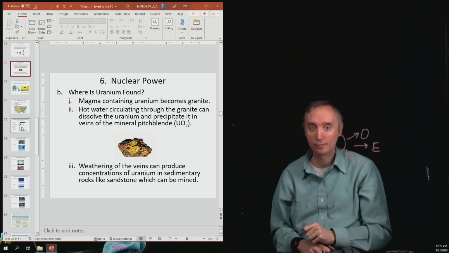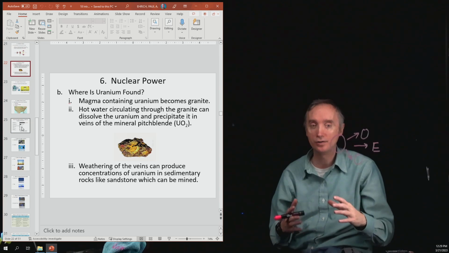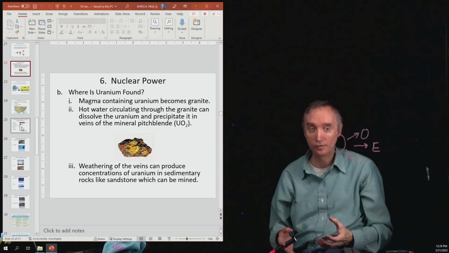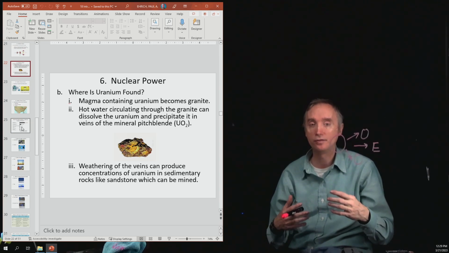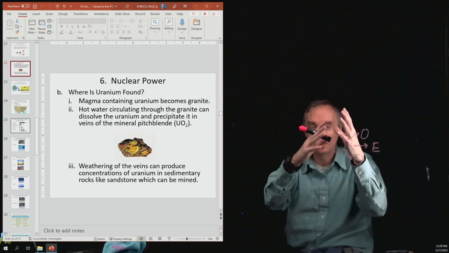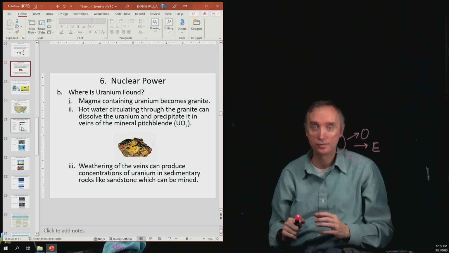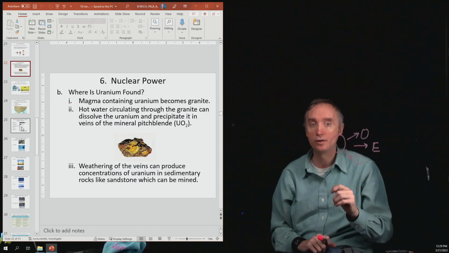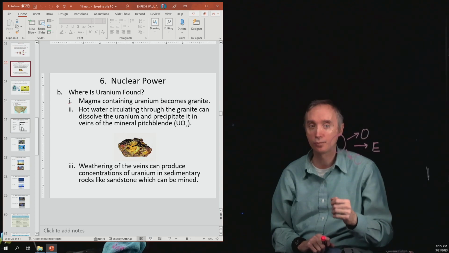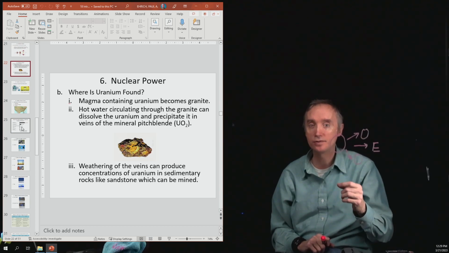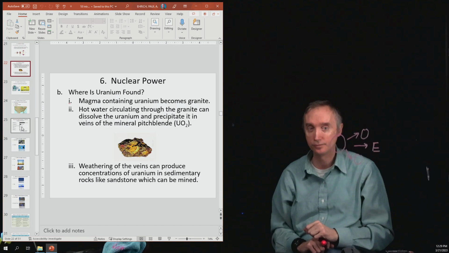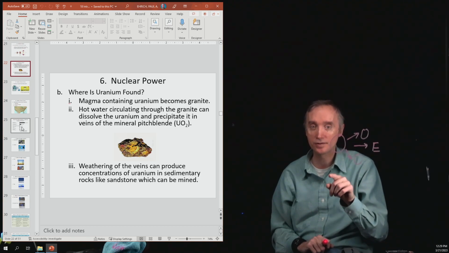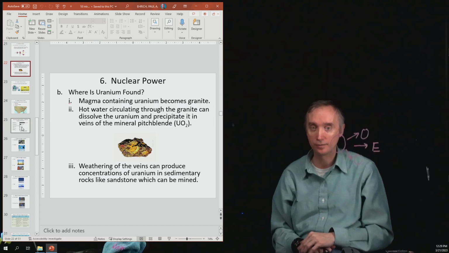Okay, then what can happen is hot water. If you recall, we talked about hydrothermal metamorphism, the use of hot water percolating through rocks. So hot water circulating through that granite can dissolve the uranium and precipitate it in veins of the mineral pitchblende. That is the chemical formula for pitchblende, and that's what it actually looks like.